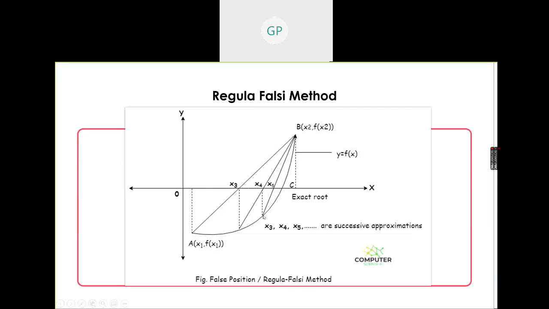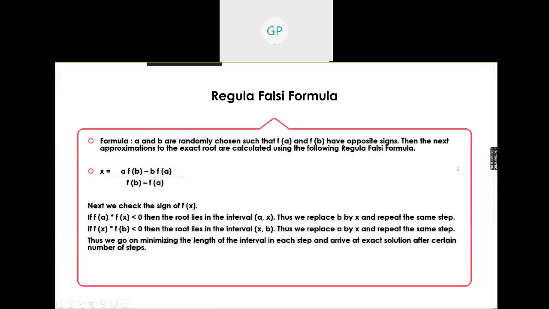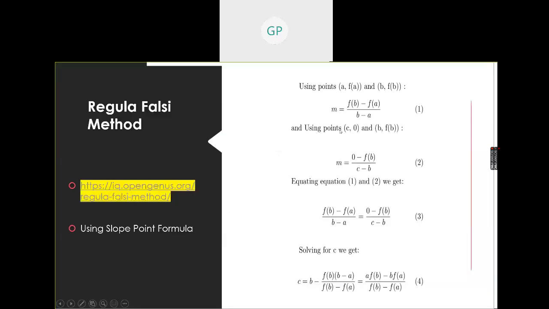So that point fx4 and fx2 you again join by the line segment which cuts the x-axis at x5 and x5 is again a better approximation to C. So when you repeat the same procedure, you go towards the exact root and this was the derivation we did just now. See, M is equal to FB minus FA upon B minus A.